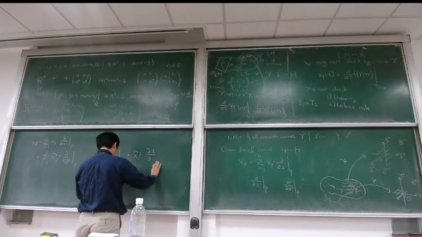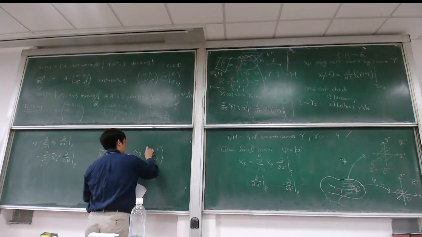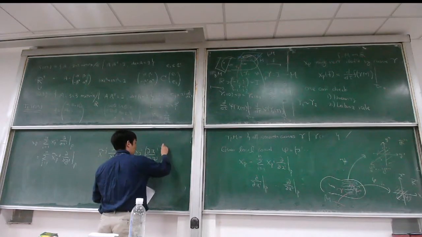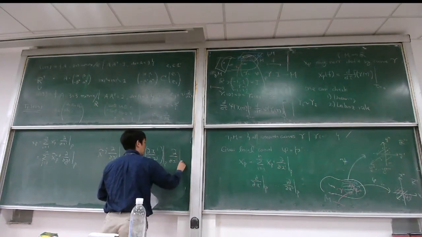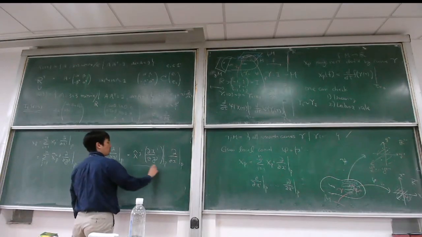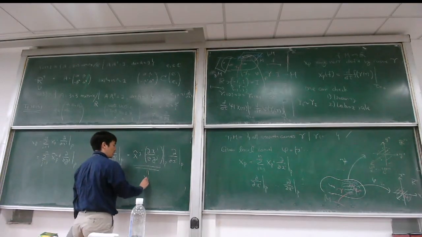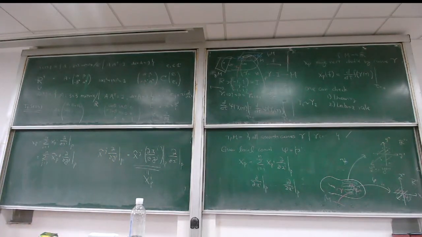Sorry, I'm already getting rusty. At point P, the summation over j will give you X^i without tilde. So this is the usual coordinate transformation you learn in general relativity. Do you understand what it means?